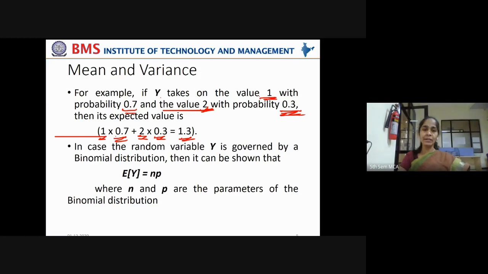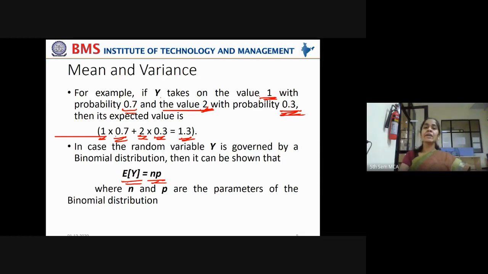Simple mathematics, right? Now in case the random variable y is governed by a binomial distribution. Now say this random variable y is in accordance with a binomial distribution. Then it can be shown that the expected value of y is n into p, where n is the number of data points and p is the probability of some event.